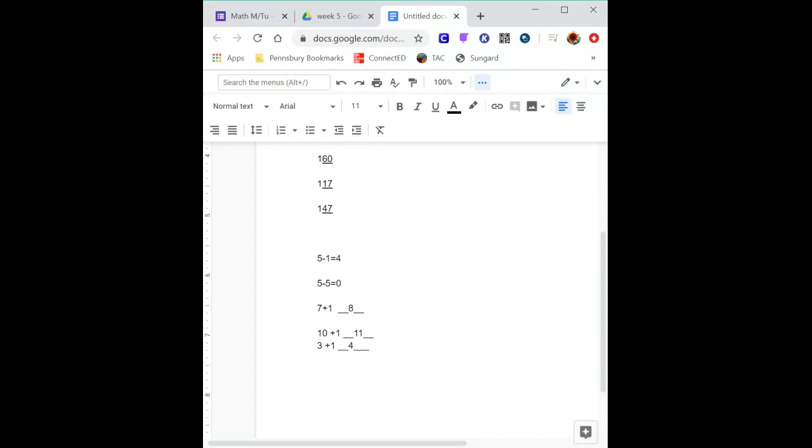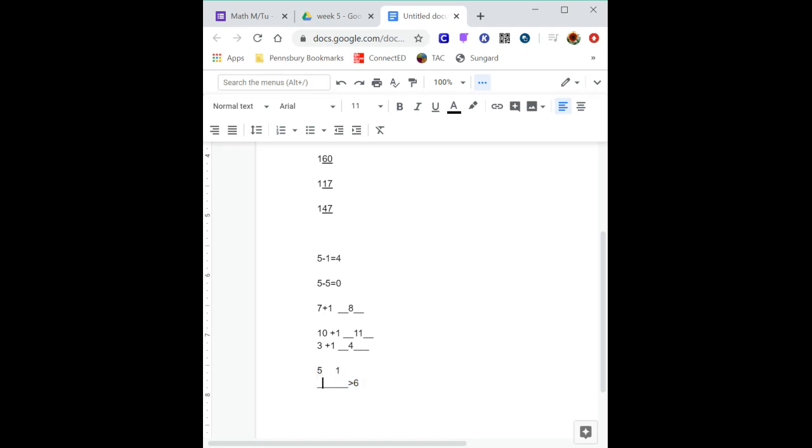The next thing we're going to do is something new. It looks a little bit different than we've done before. So we're going to have 5, 1, and then a little arrow to the 6. Okay, so this is called a number family.